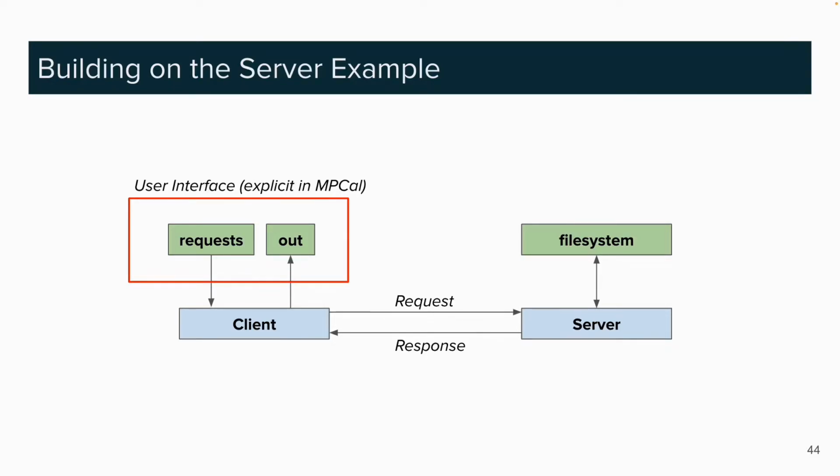Point of interest, you might not normally expect to think about this, but in MPCal you have to be explicit about any user interface that you might have. So in this case, the client needs to be controlled in terms of what requests it has to make and what outputs those requests give. Someone has to witness those things, so we have to provide that as input-output as opposed to just assuming it, like you might do in an implementation, which will just do that by side effects.